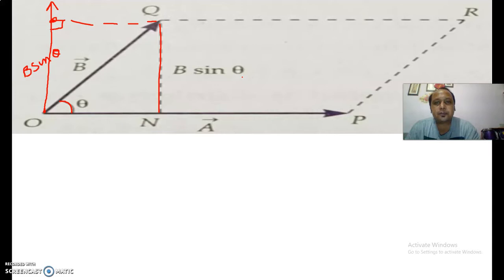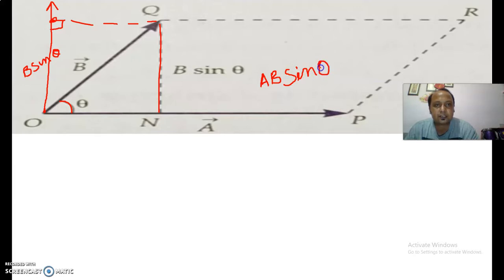So obviously the area of the parallelogram can be written as A, the magnitude of vector A, which represents the base, into the height, which is B sine theta.